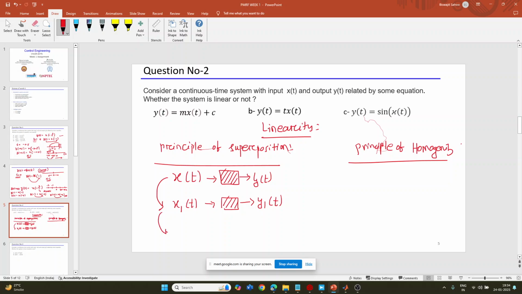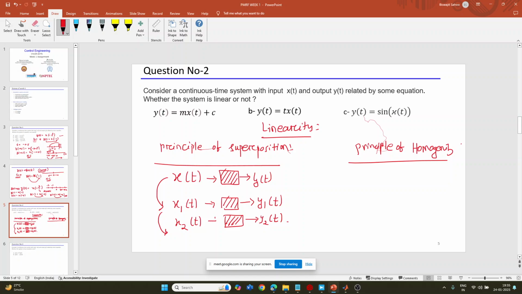Then another person applies another input to the same system, and you get another output y2 of t. So there are two different inputs, and you are getting two different outputs.